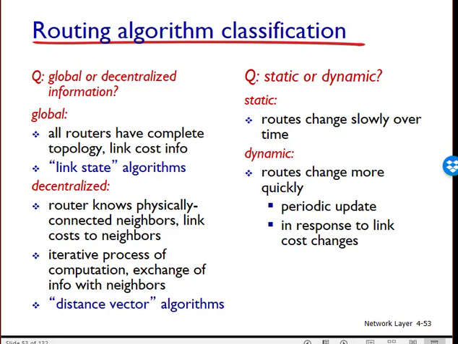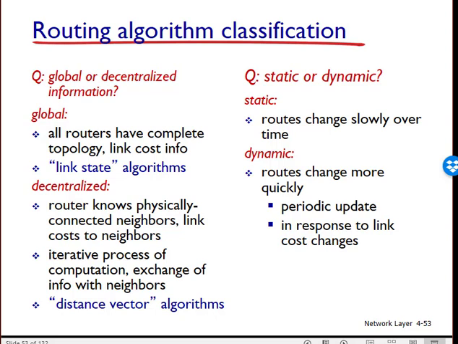Then, through an iterative process of calculation and exchange of information with its neighboring nodes, a node gradually calculates the least cost path to a destination or a set of destinations. The decentralized routing algorithm we'll study is called the distance vector algorithm because each node maintains a vector of estimates of the costs, that is distances, to all of the nodes in the network.